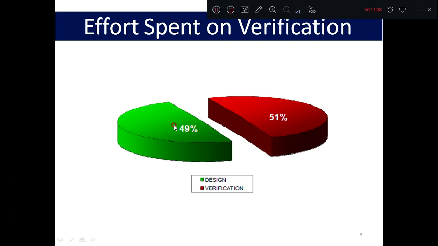If you see this structure, the green color indicates design and the red color indicates verification. 49% of the effort is required for design and 51% of the effort is required for verification. All this data is taken from the internet.